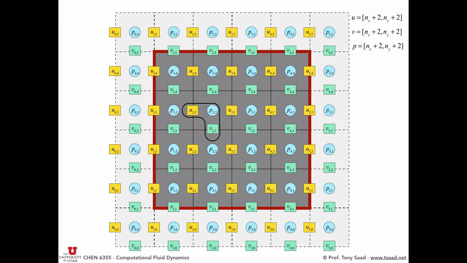Once you do the integration and you divide by the volume, you're going to get a discrete form like this, okay? And then you say un plus 1 minus u tilde over delta t equals minus grad p, right? And then you take the divergence of that, minus div u tilde over delta t equal minus del squared p.